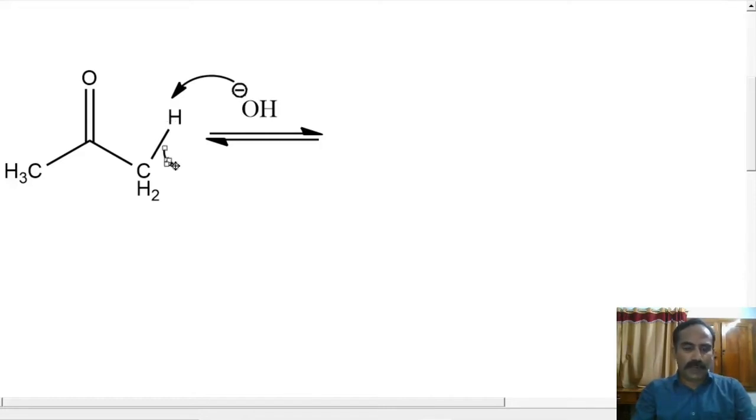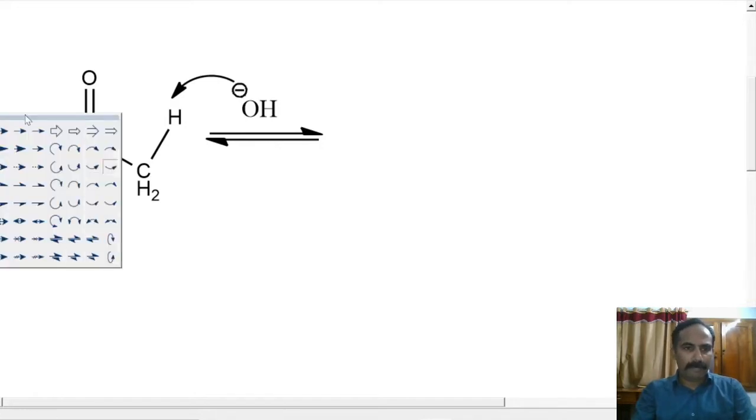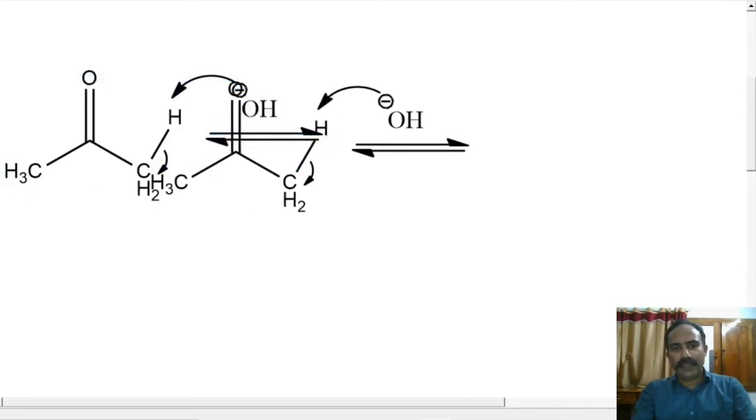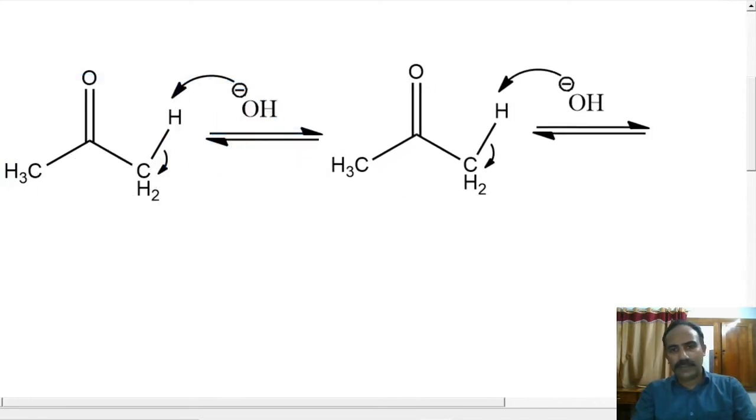Let us indicate that with the curved arrow. The 2 electrons in this bond are going to stay on this carbon. So let us copy it down and try to make sense of what happened. Let me remove these arrows.